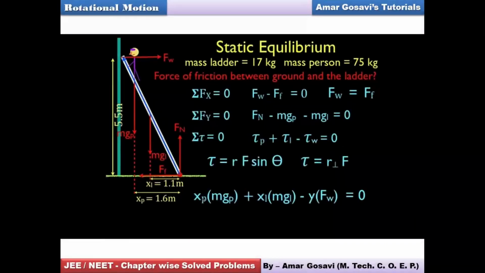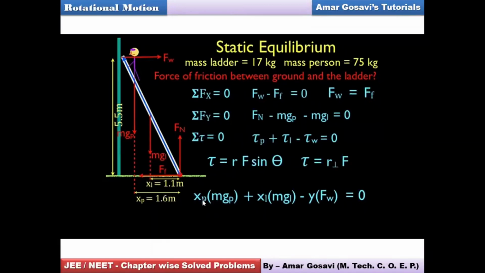So here you can see, let's put it in the form of torque now. Just have a look at the step because I'll explain things. Here we have taken the moments. Tau p is mgp multiplied by xp.